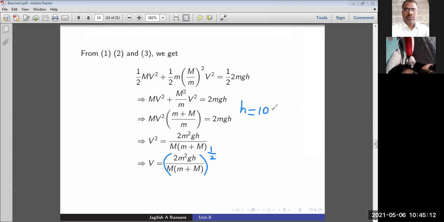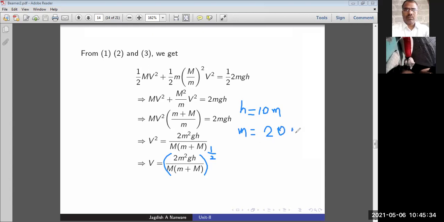So height is m in meters. Mass of the shell, say 2, or 20 gram I can take.